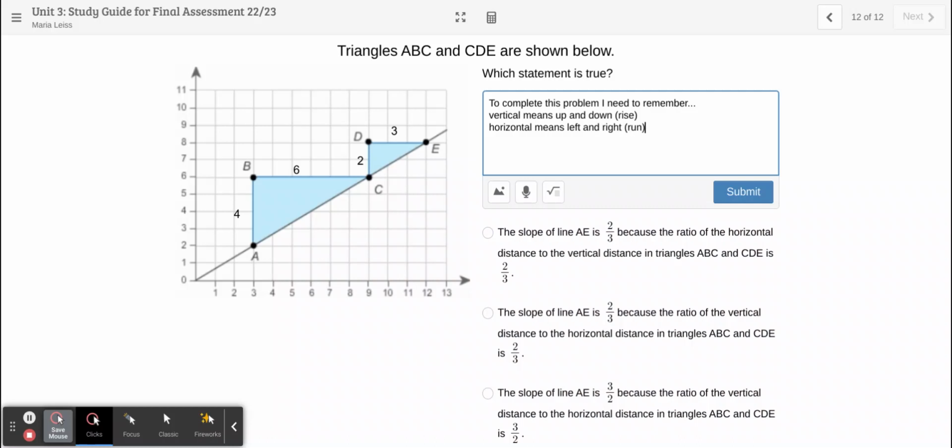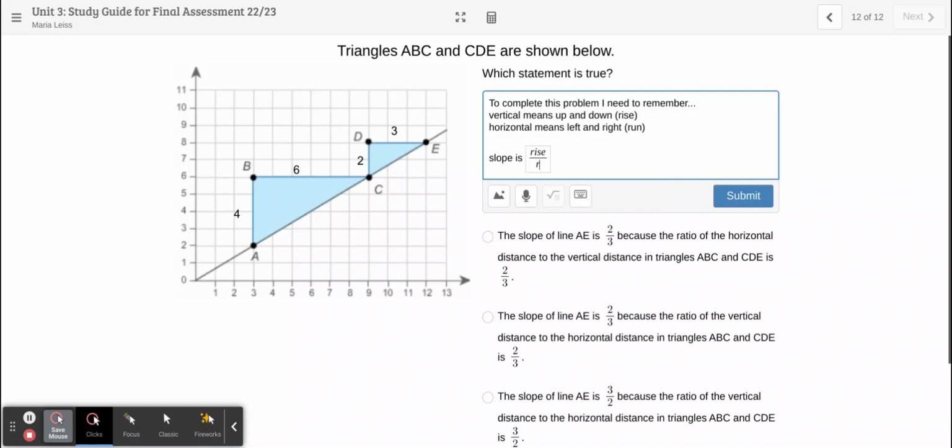That's our run. Slope is written as, remember, rise over run, or vertical over horizontal, right?